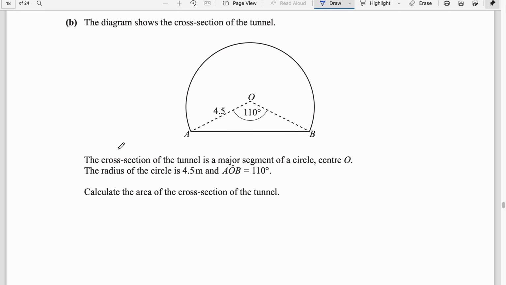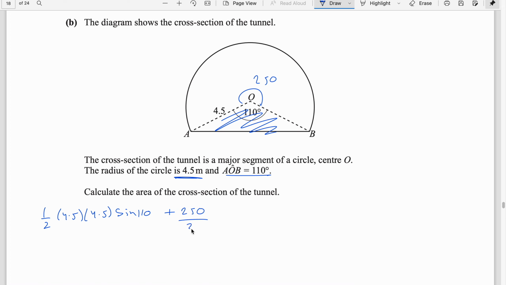Question 9b. The diagram shows the cross section of the tunnel. The cross section of the tunnel is a major segment of a circle with center O. The radius is 4.5 and the angle is 110. Calculate the area of the cross section of the tunnel. So this part right here is a triangle, which is 1/2 a b sine 110, plus theta over 360 times pi r squared, where theta is 250, since 360 minus 110 is 250.